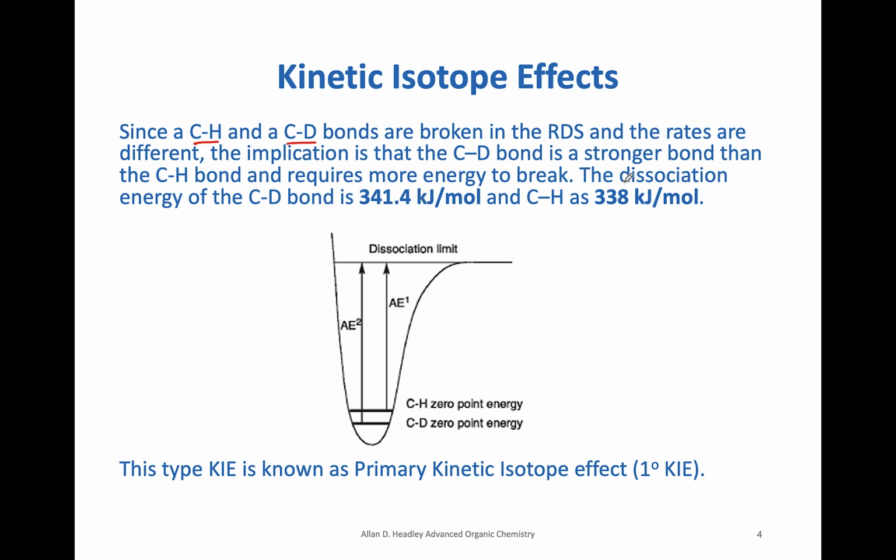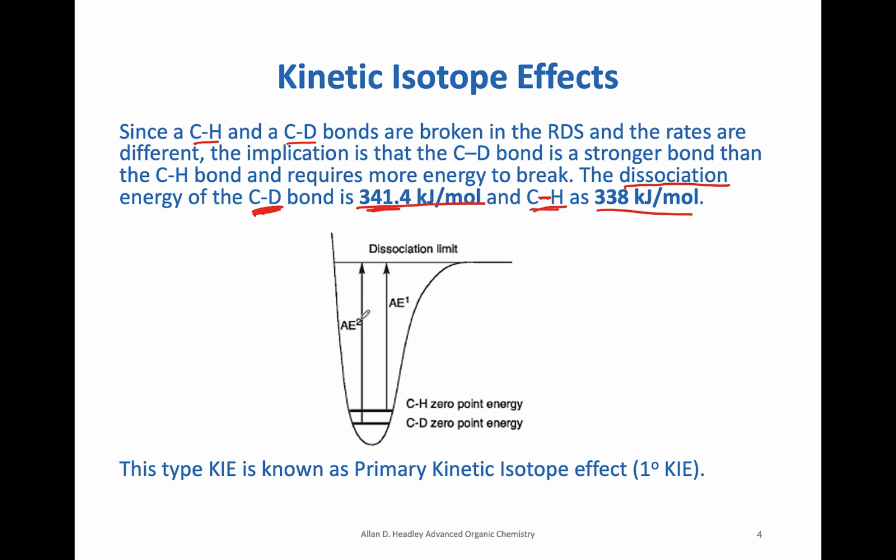Let's look at the dissociation energies for these CH and CD bonds. For the CD bond, the dissociation energy is 341.4 kilojoules per mole, and to break a CH bond, it is 338 kilojoules per mole. You can see that it requires more energy to break a CD bond compared to a CH bond.